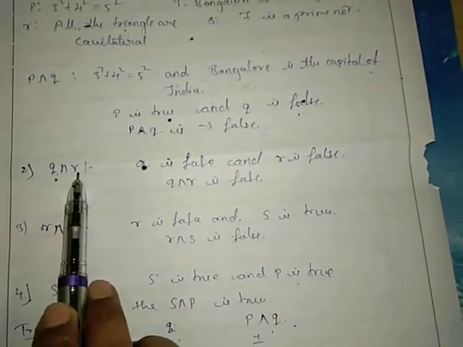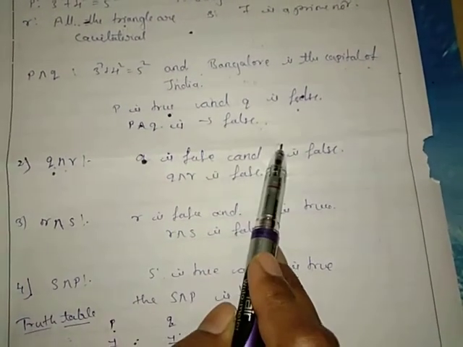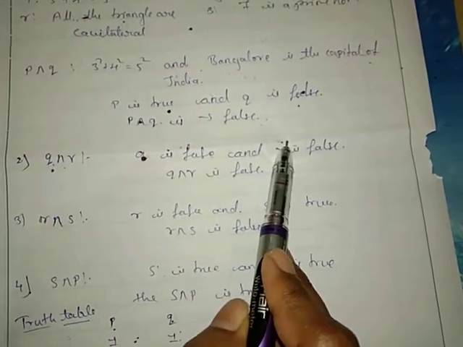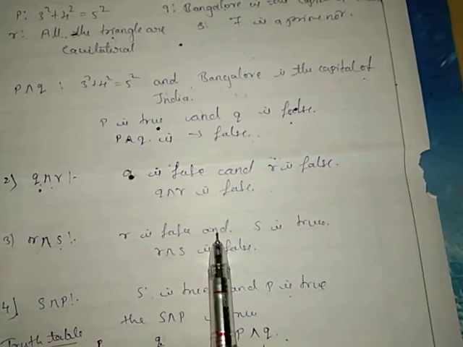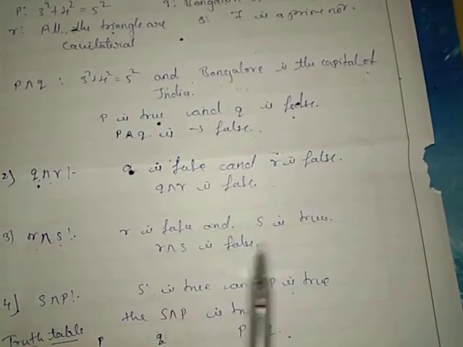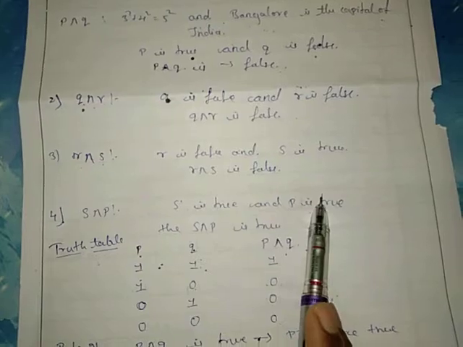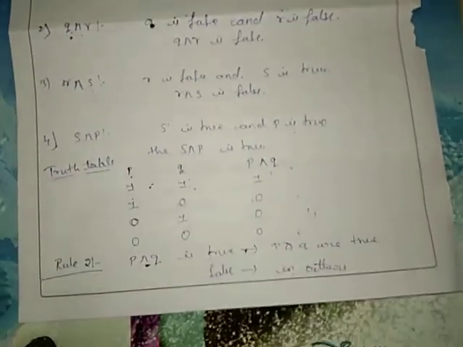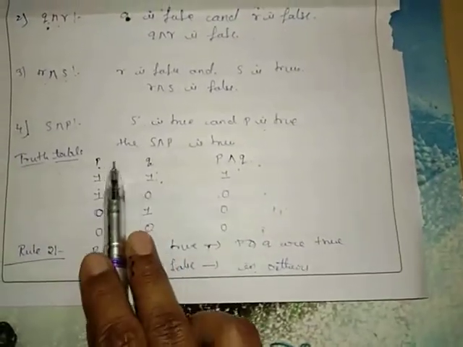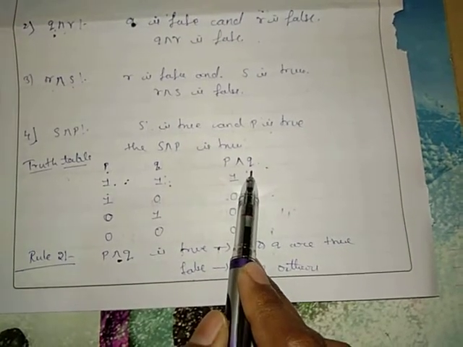Next one, Q and R. Here Q is false and R is false. If Q is false and R is false, then Q and R is false. R and S. If R is false, S is true, then R and S is false. Next, S and P. S is a true statement and P is true. If S and P are true, then S and P is true. So in general, we write the truth table for P, Q, P and Q. If P and Q are true, then P and Q is true.